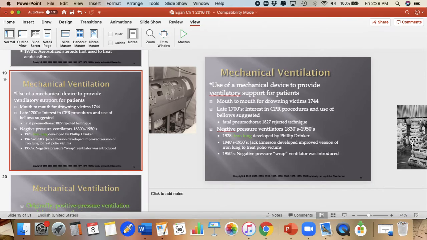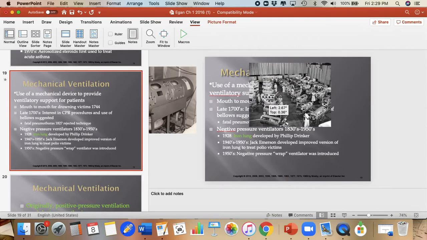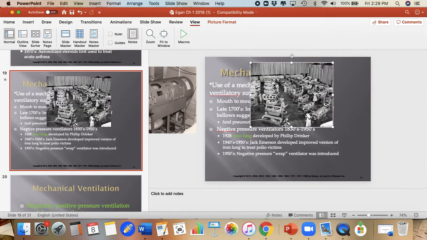You can see it here. All of these people are in these machines. They can't get out of the machines. This is what's keeping them alive, this negative pressure iron lung. So it was a very revolutionary idea for these patients, but it's not a solution for long-term patients.